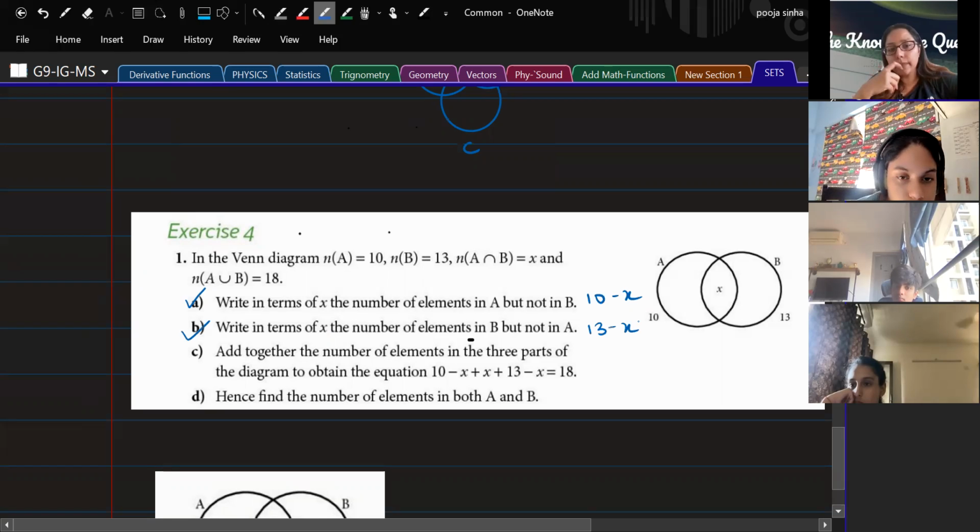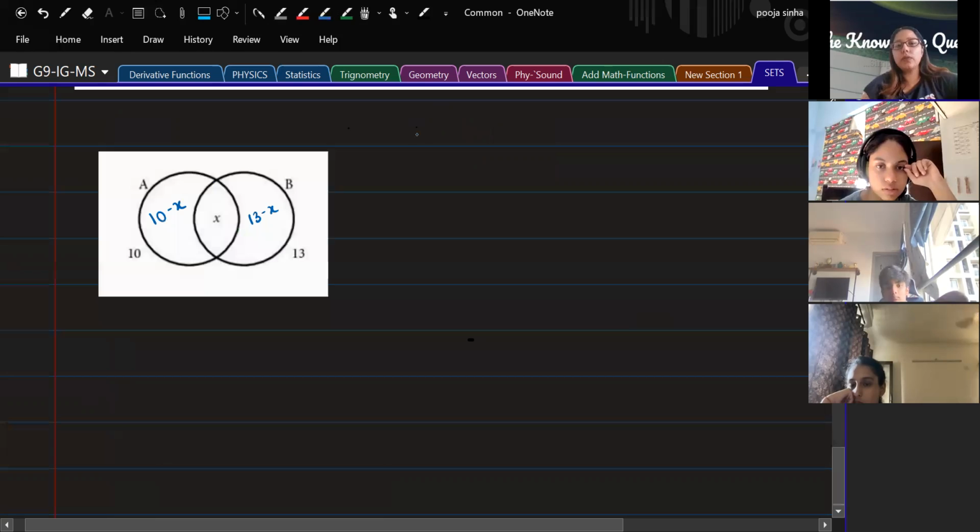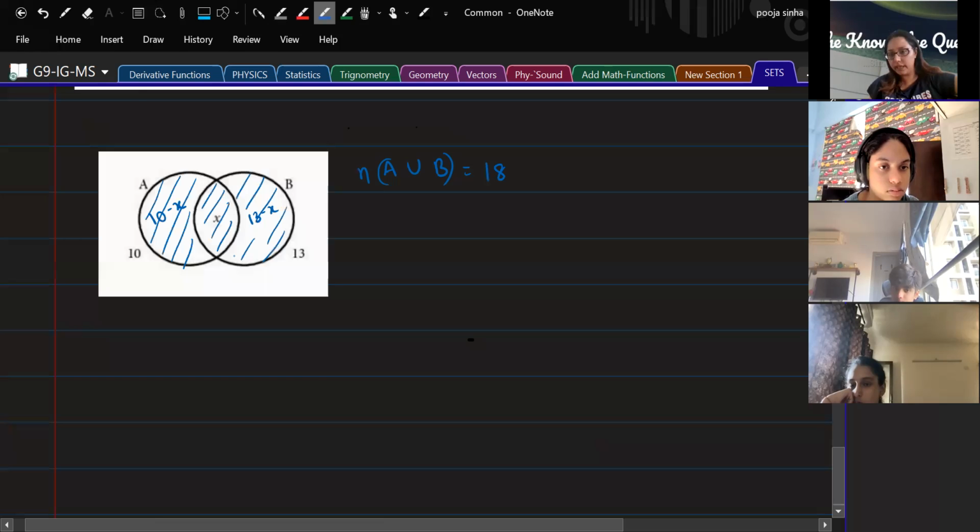Add together the number of elements in the three parts of the diagram to obtain the equation. Now how much did it say A union B is? The cardinal number of A union B is 18, which means if you add up this, this and this, all three of them, what will you get? 18.